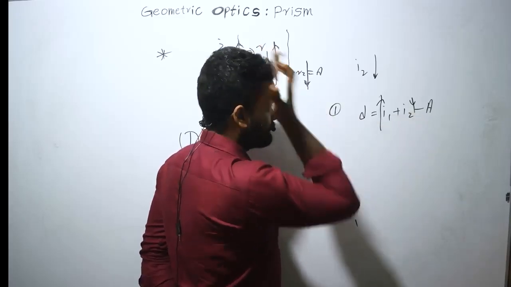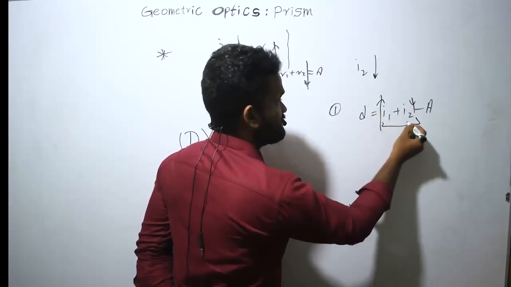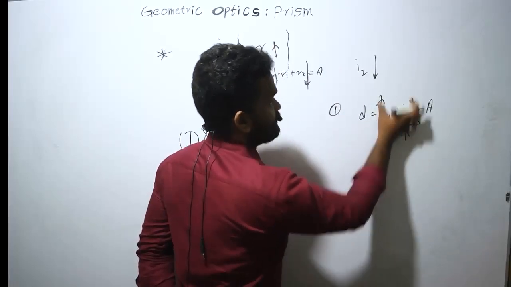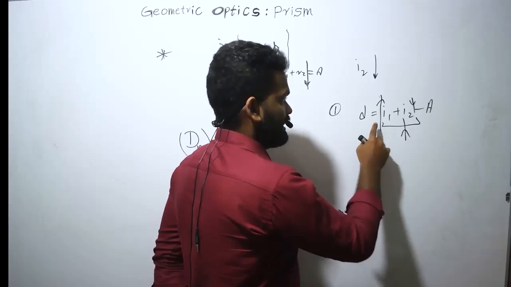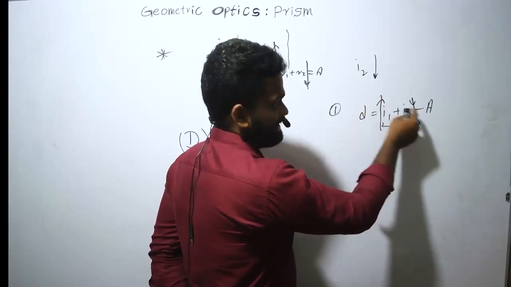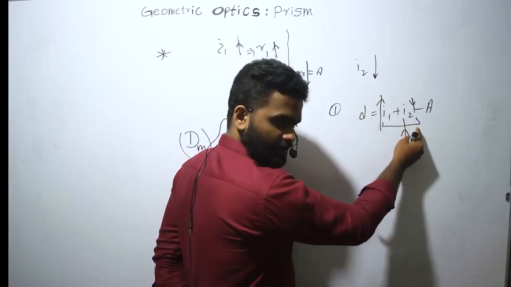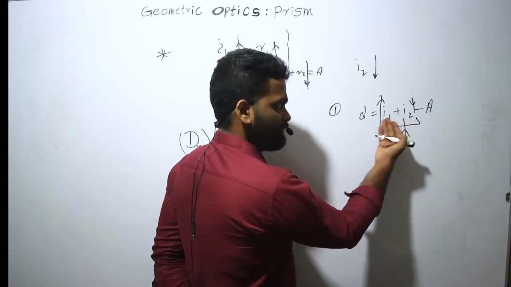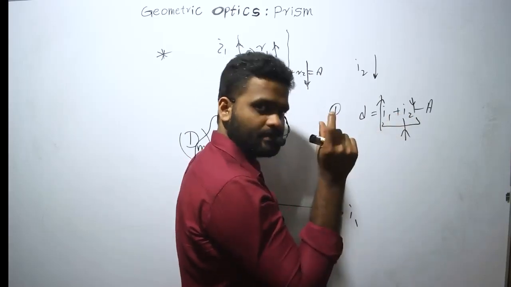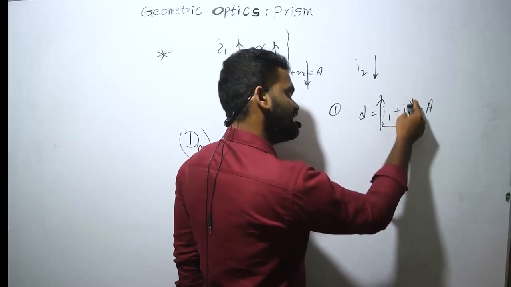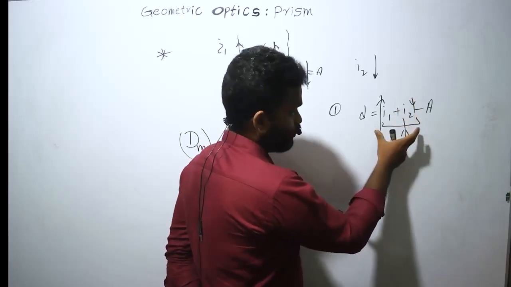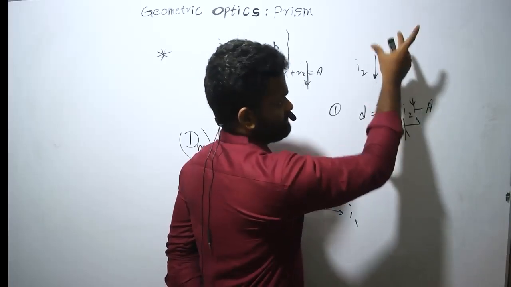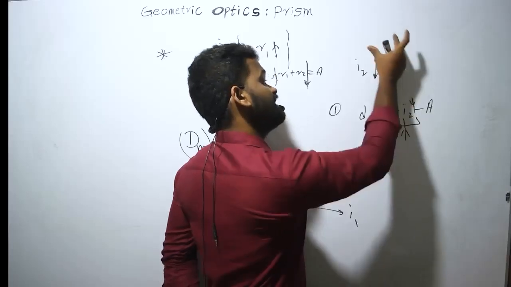If this is increased by 10 degrees and it decreases by 10 degrees as well, then the sum of these two values is going to be a constant, but this decreases by a small amount, so that total value I1 plus I2 increases.